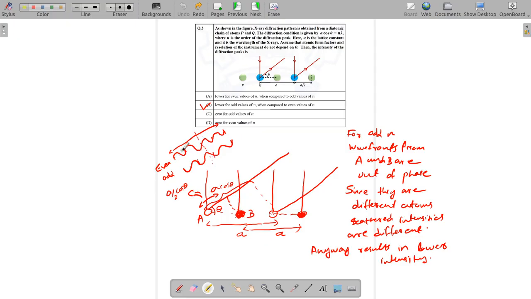After two complete cycles, the cycle from B is also starting. When one is finished, this one will start. So they are in phase. Whereas if a cos theta is an odd number, then that means at this point it is half the way, so that's the portion.